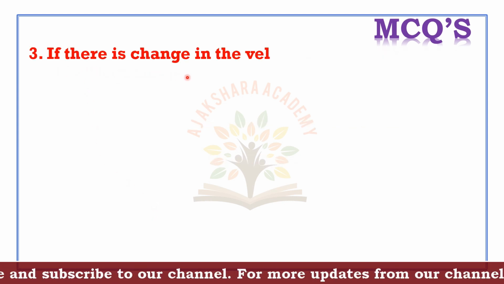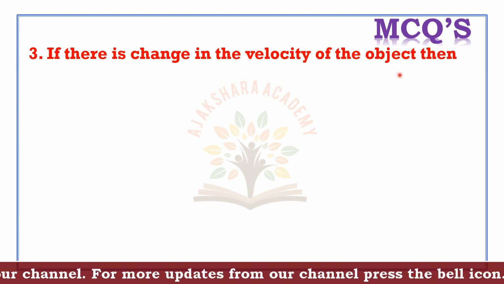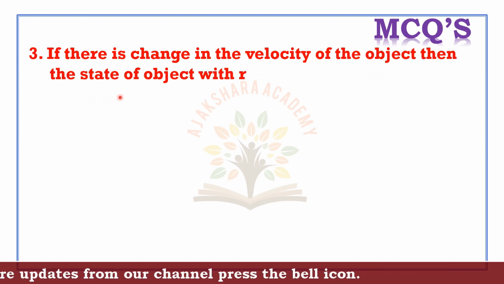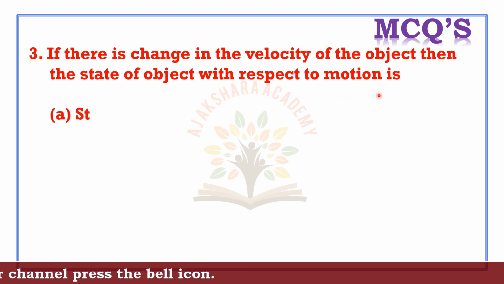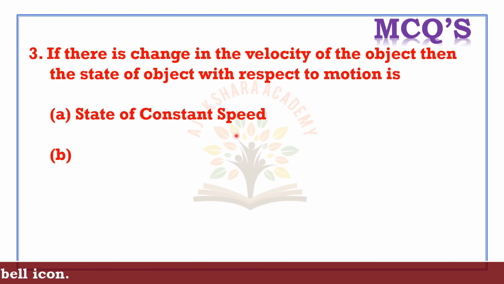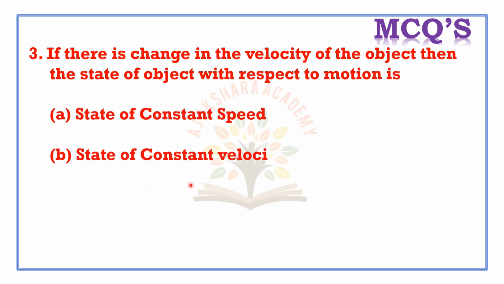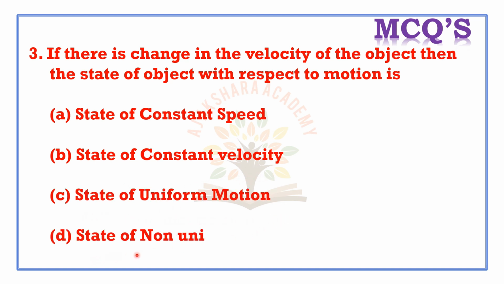Okay. Next. If there is a change in the velocity of the object, then the state of the object with respect to motion is: state of constant speed, state of constant velocity, state of uniform motion, or state of non-uniform motion. Here the velocity is changing.